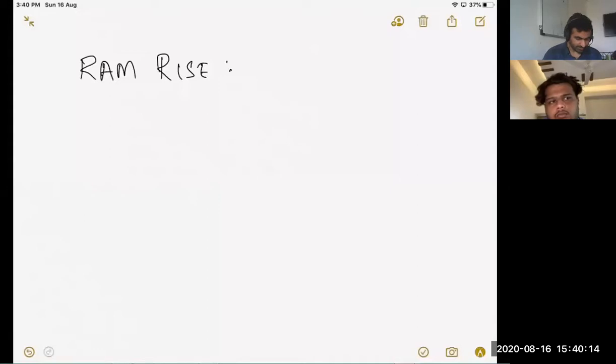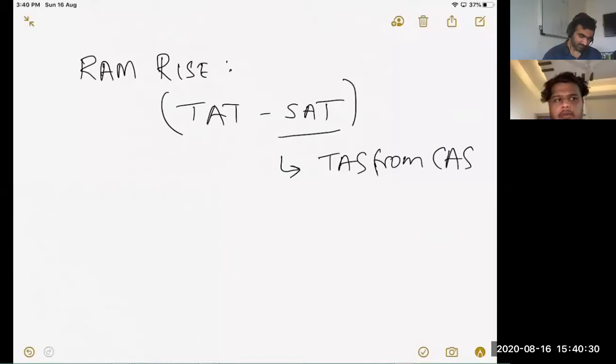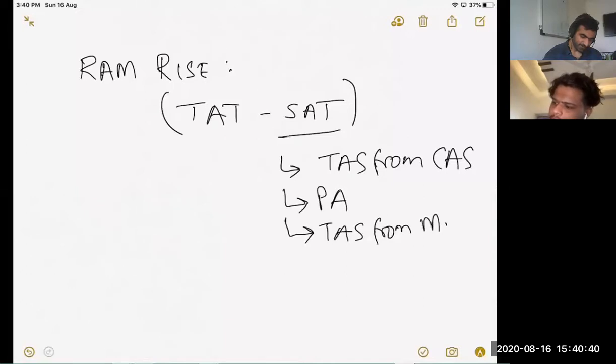Ram rise formula is TAT minus SAT. You need SAT to give you TAS from CAS. You need SAT to give you pressure altitude, and you need SAT to give you TAS from Mach number.